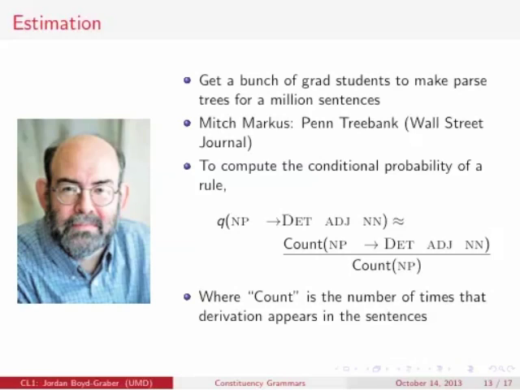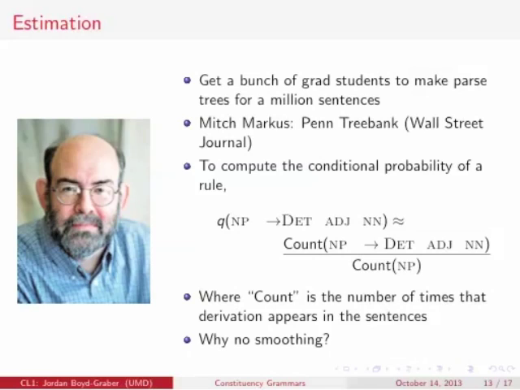So if you want the conditional probability of a noun phrase turning into determiner adjective noun, then all you do is take the MLE estimate of the number of times you saw the derivation NP goes to det adjective N, and then divide that by the total number of times you ever saw NP as the head of a rule.